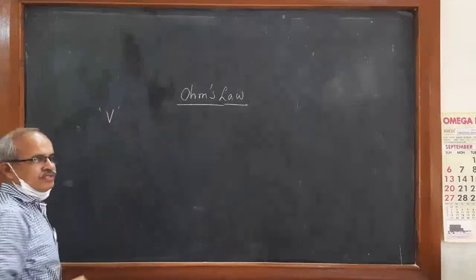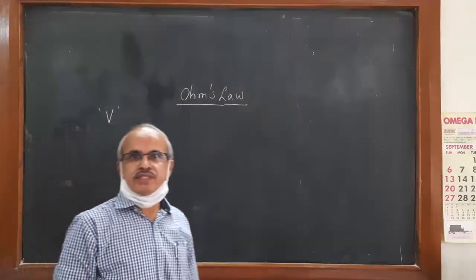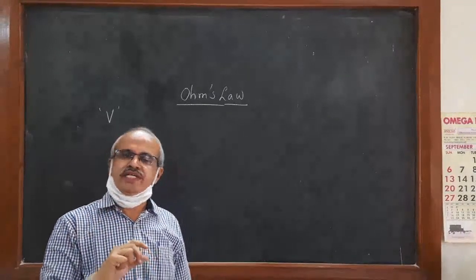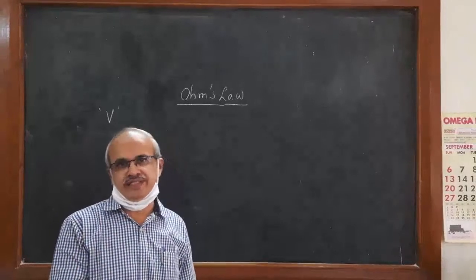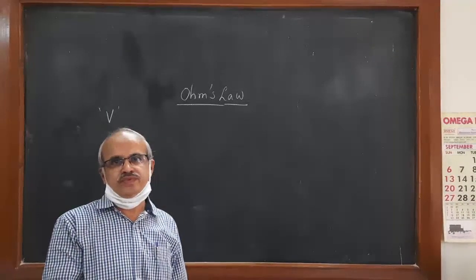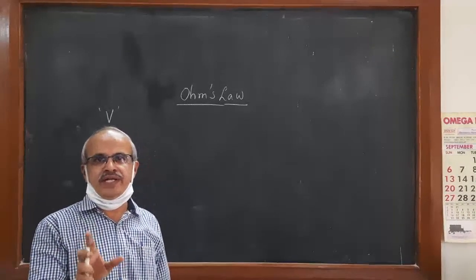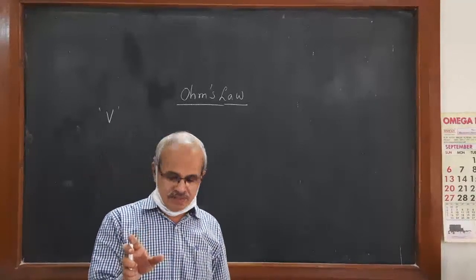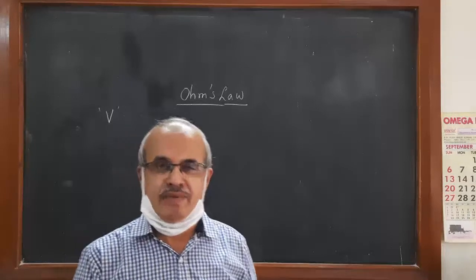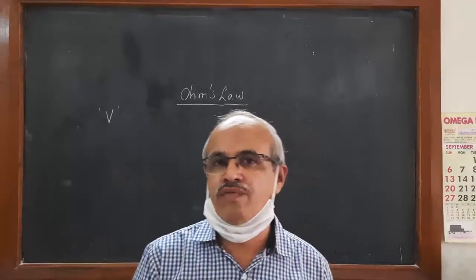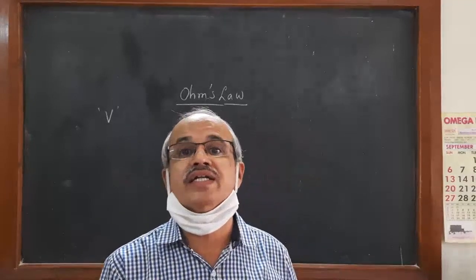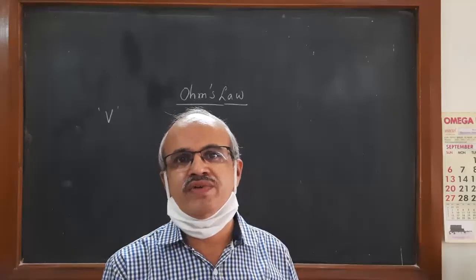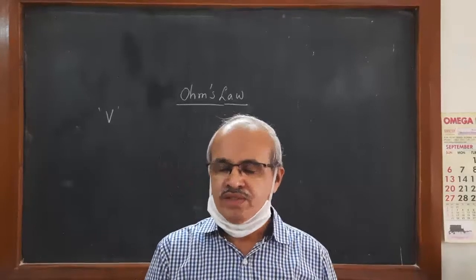The potential difference between 2 points of the conductor is directly proportional to the strength of electric current, provided temperature and dimensions of the conductor remain unaltered.